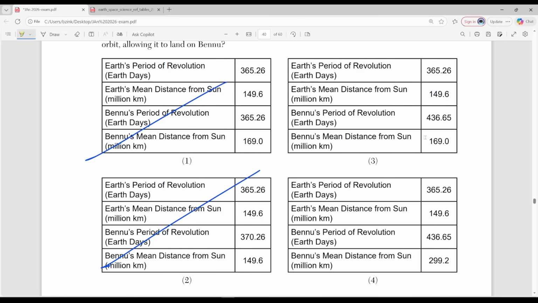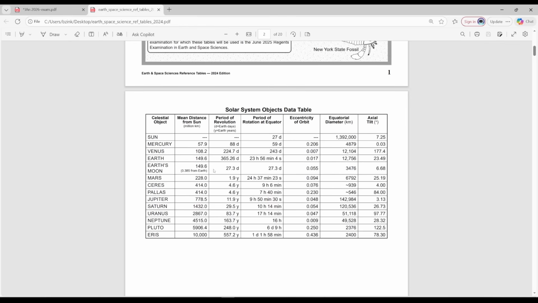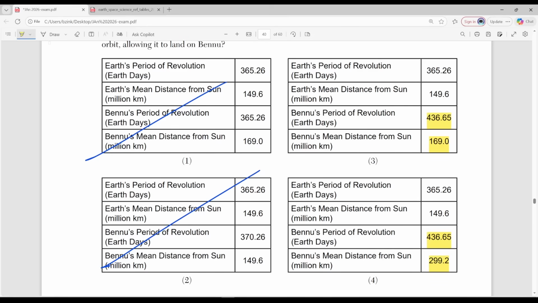So we're basically between Bennu's orbit revolution being 436.65 and 169 million kilometers away from the Sun versus 299 million kilometers away from the Sun. But if you look here, 299 million kilometers away from the Sun would be Mars. Now you're out by Mars, which can't be true because that's way too far away. So I'm going to say this one's out. Based on this number being way too far, 3 is the best answer.